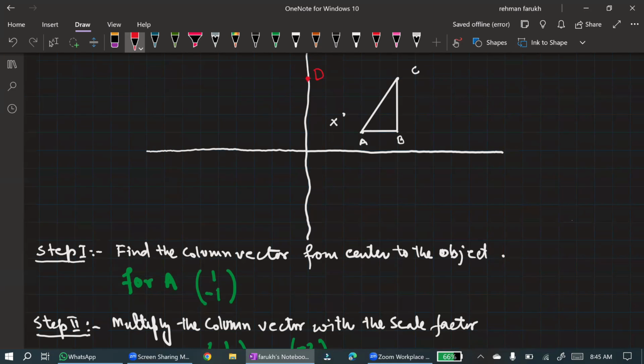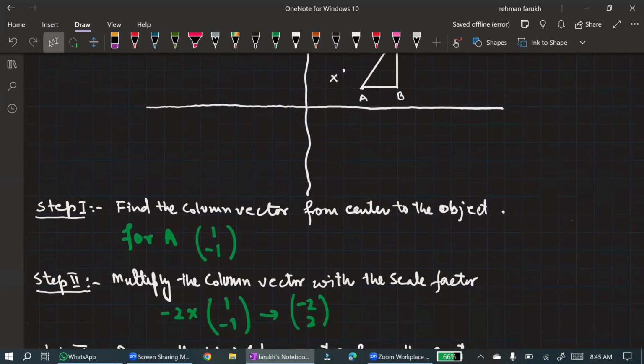Now, for B, what's the column vector? The column vector for B is from X, 3 minus 1. Yes, 3 minus 1.